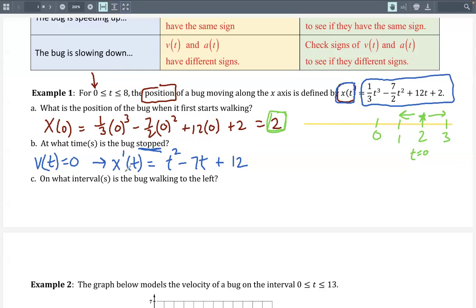So x prime of t is the same as velocity, and we're looking for when the bug is stopped, or when we set the velocity equal to 0.